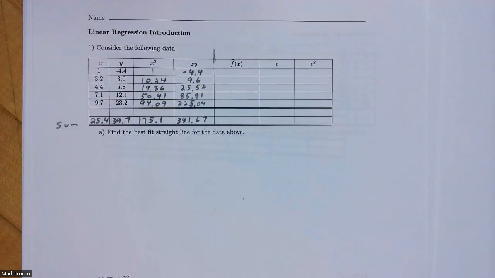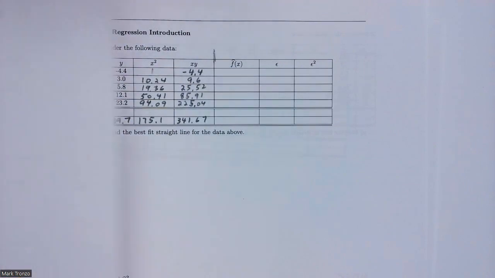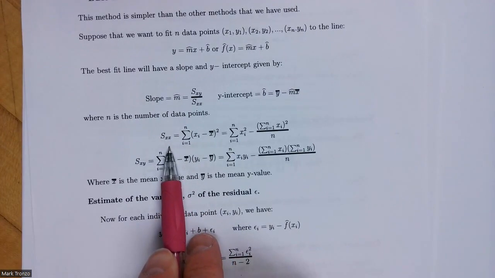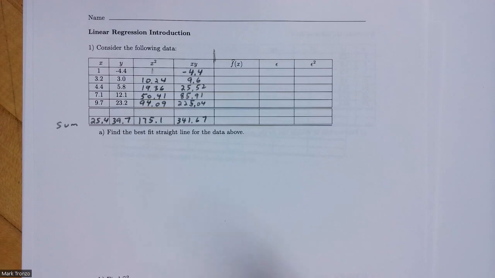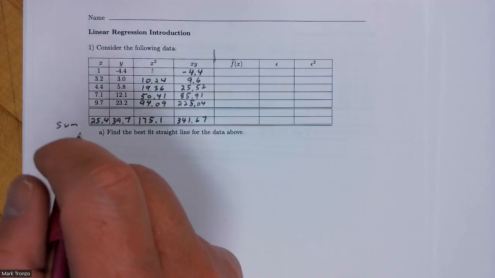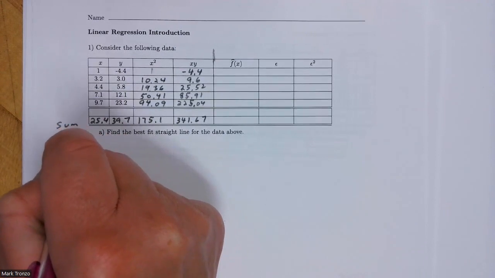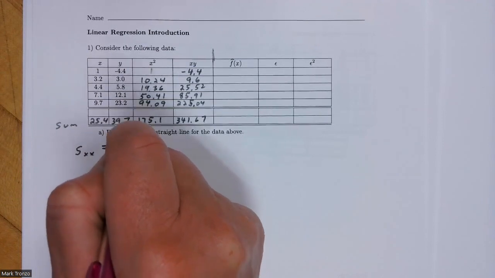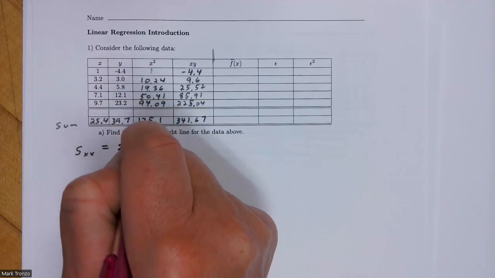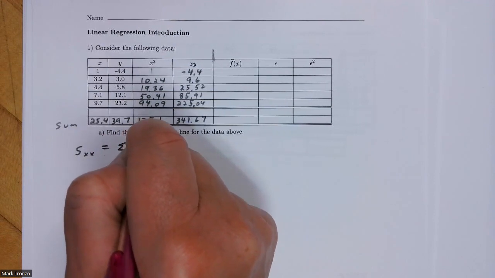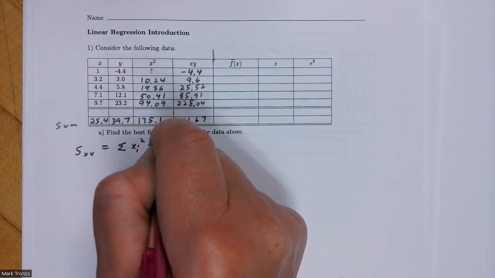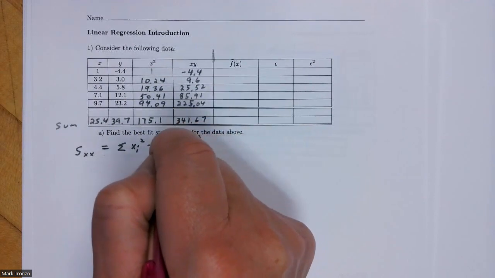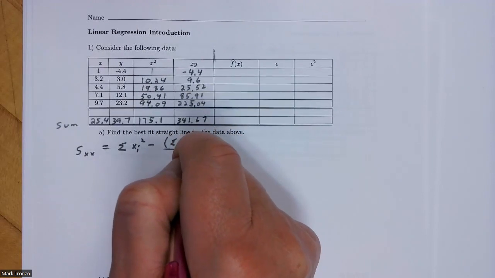So now we're going to use these equations here to find the equation for the best fit line. Again, we'll calculate this Sxx using the equation sheet. That's going to be the summation of the xi squared minus the summation of the xi, the whole sum squared, divided by n.